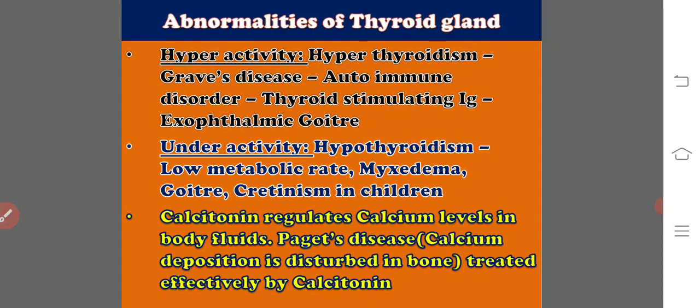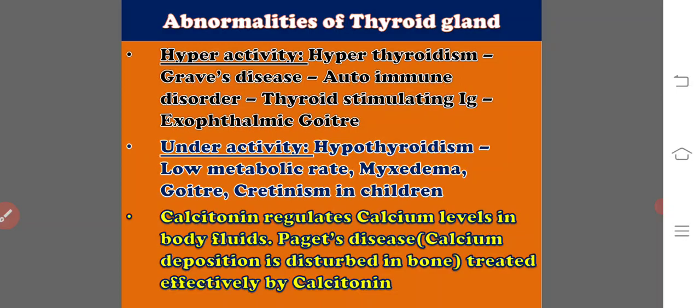Then, if you see hypothyroidism, it is a reduced secretion or non-secretion of the thyroid hormones. It can be caused by an inadequate amount of TSH or inability of the thyroid gland to produce the thyroid hormones, or sometimes it may be the inadequacy of iodine that leads to goiter.